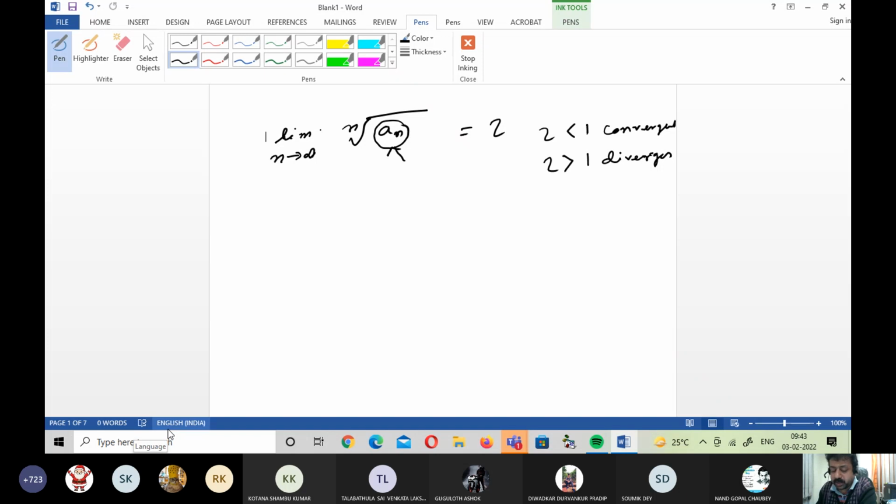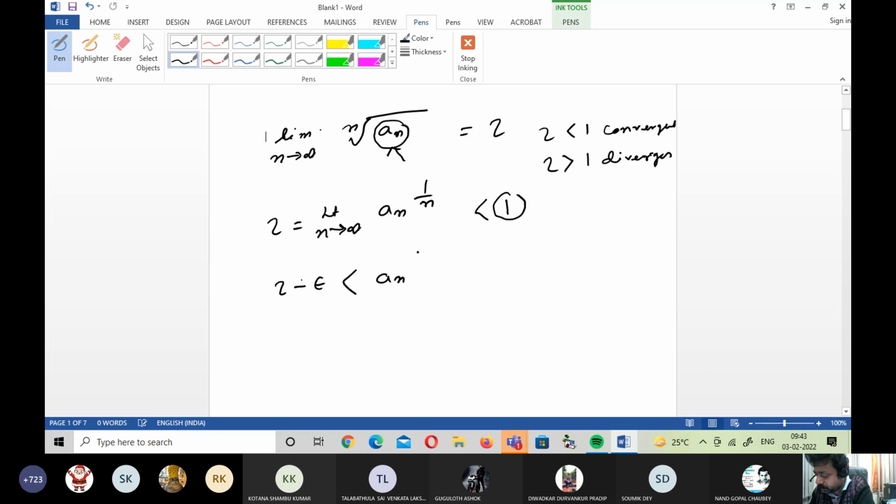Now, how can it be proved? Suppose L equals limit n tends to infinity of a n to the power 1 by n. If this is less than 1, then you can consider that this is convergent. Now here, suppose L minus epsilon is less than a n to the power 1 by n, less than L plus epsilon.